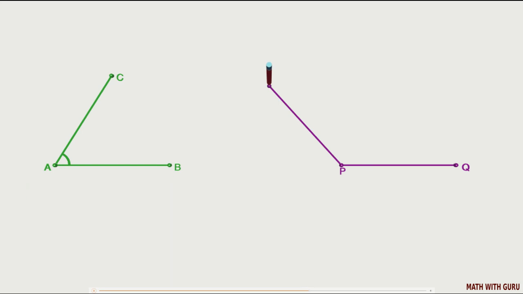Now, as before, I am going to shift and rotate angle BAC on angle QPR in such a way that AB coincides with PR. Is the measure of angle SPQ equal to 180 degrees? Not at all, because SPQ is not a straight line.